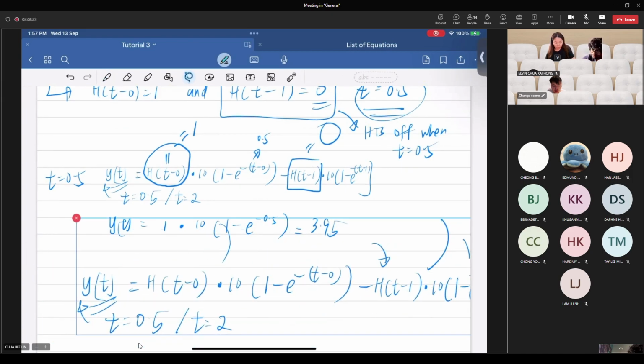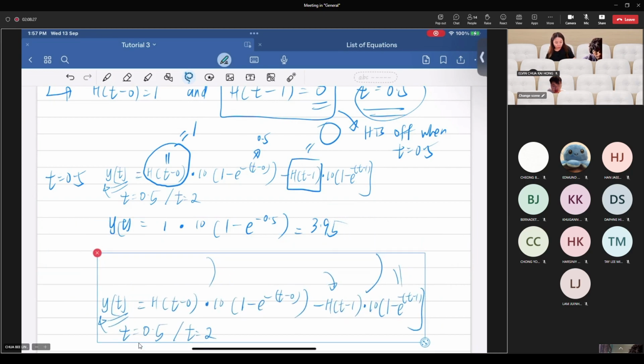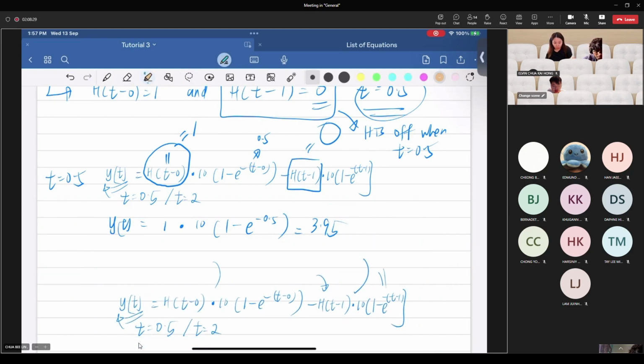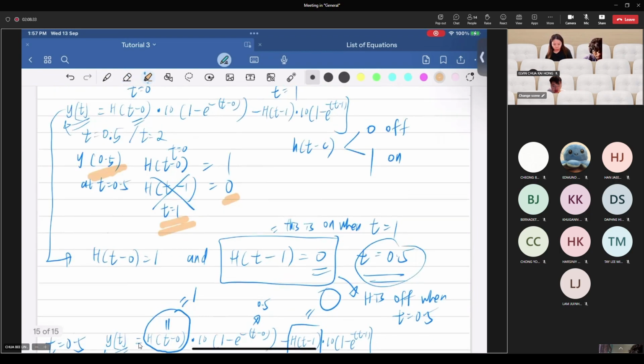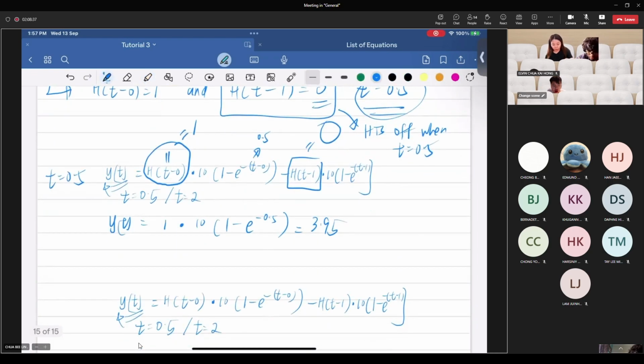Now the time is changed to 2. If t is 2, this one is still on, so it's 1.